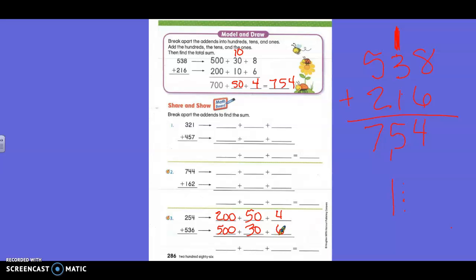Now, this is what I want you to do. Okay? 4 plus 6 is what? Landon? 10. Okay, don't write 10 yet. Okay? Do we want a 10 in the ones place? No. Does 10 have any ones?